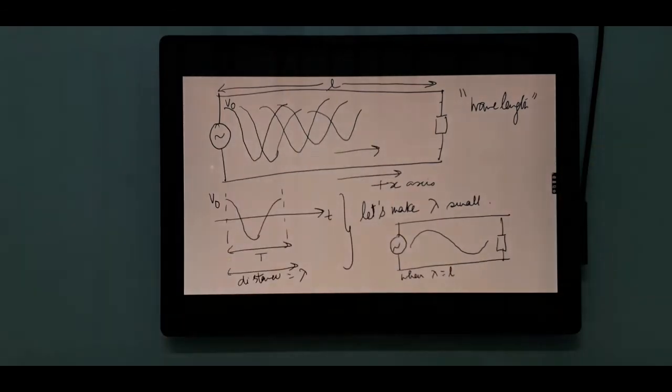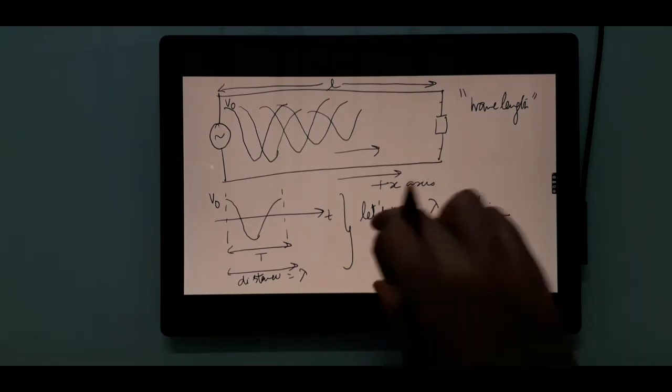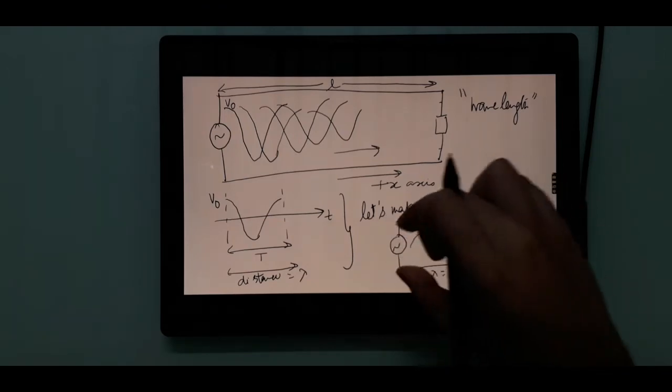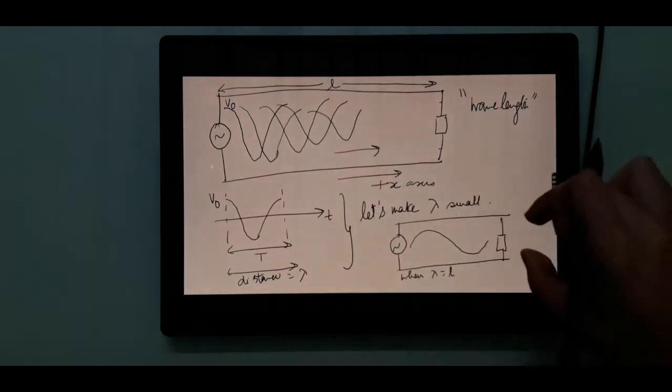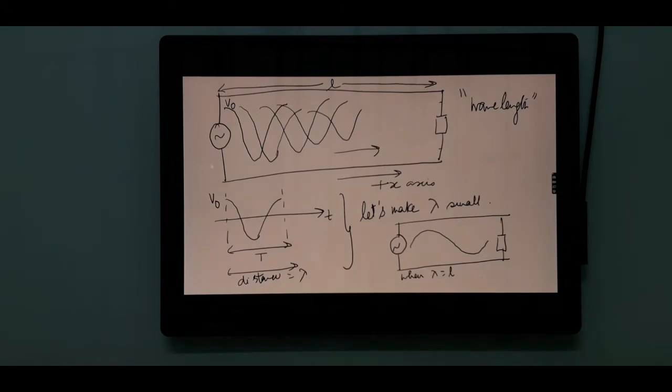This is a very special case, when the wavelength of the wave becomes exactly equal to the length of the conductors. Then in that case, can we say that whatever is the source voltage, the same will be the load voltage at any given point of time? We cannot say that.